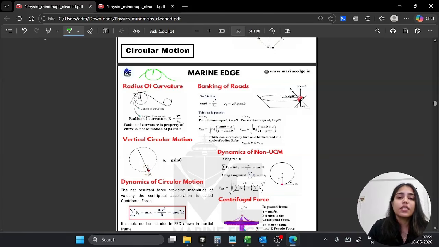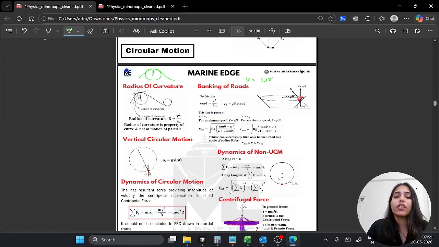And this is the center of curvature, this point, okay? Now, moving forward, one very important thing when we talk about angular and normal motion is we can always write the relation: velocity v is equal to omega r, okay?